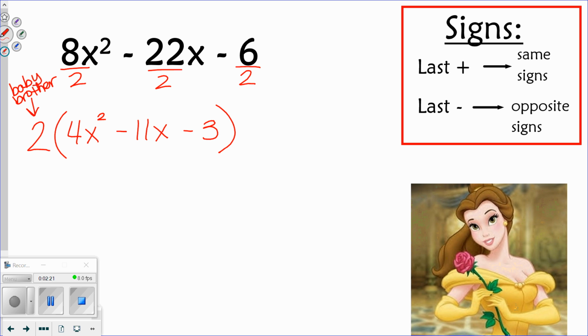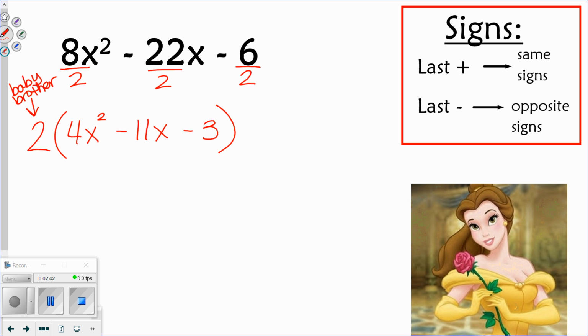You have to keep him along with you. He's still part of the problem. So I call him baby brother. Like he's annoying, he's just there. Your mom told you to look after him, so you have to drag him along all the way. Don't lose your baby brother. So if you hear me say that to you, I'm referring to that number out in front, the GCF that you pulled out.